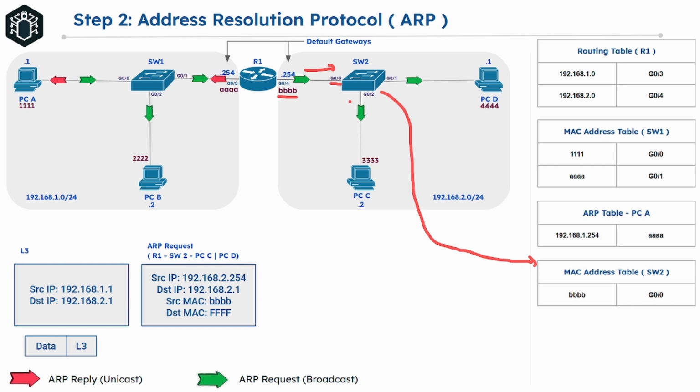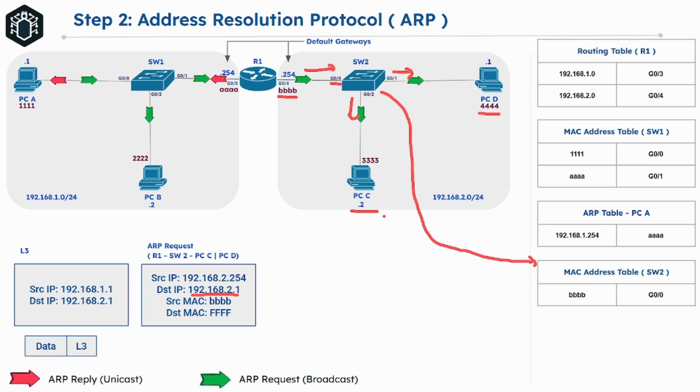Since this is a broadcast frame, the switch forwards this ARP request to all the connected devices. Now, every device will receive the ARP request, but each one checks the destination IP address, which is 192.168.2.1, and if it doesn't match, the request is discarded.